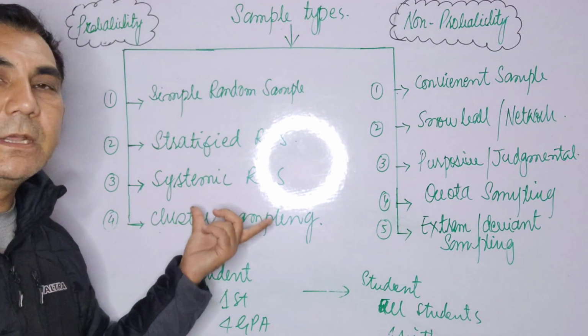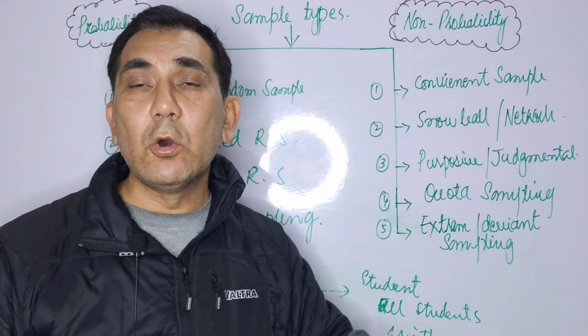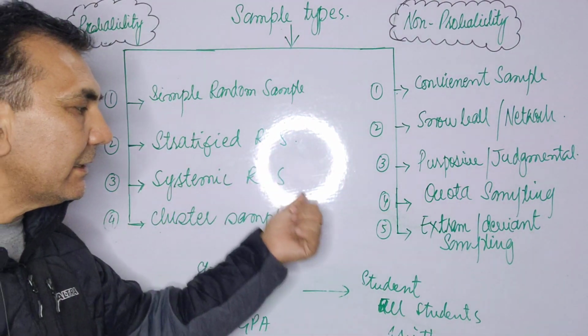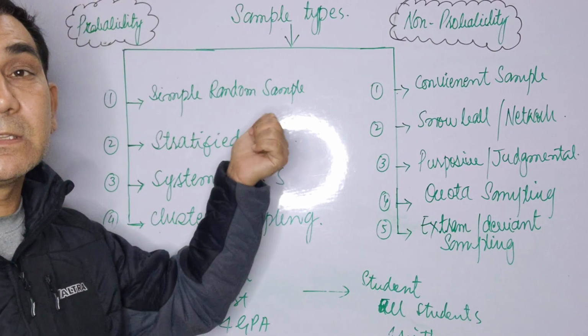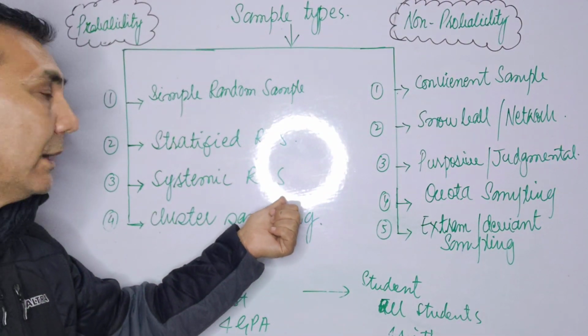And systematic sampling, in which we divide the population before selecting every kth sample, in a systematic way of random sampling.